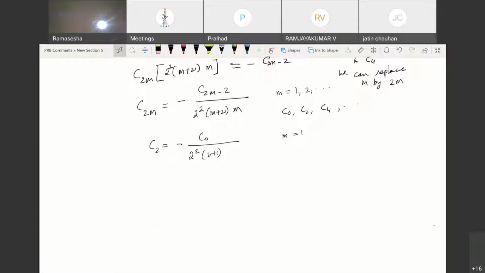And so you should get, very simple. Into 2 square into 2 is equal to minus C2.